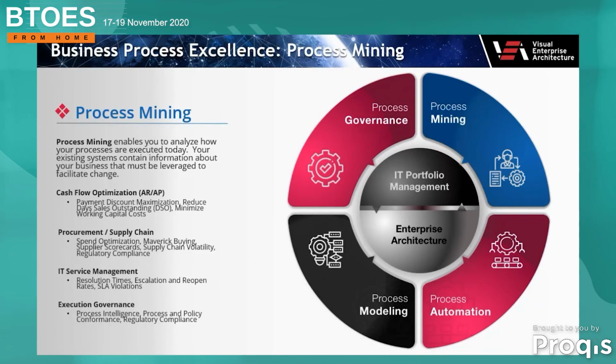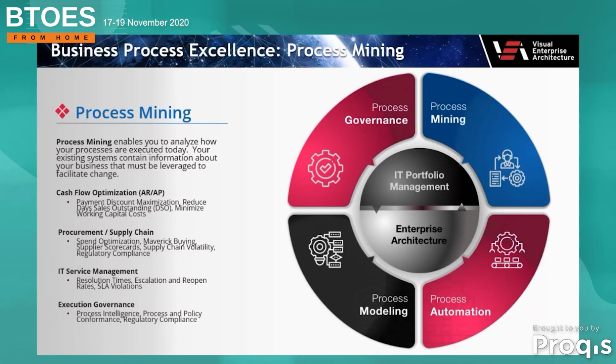Real process intelligence means that you're able to manage process and policy conformance and serve regulatory compliance requirements. Process mining addresses each of these challenges by looking at the actual data. Performing the analysis of thousands, tens of thousands, hundreds of thousands, or even millions of processes really gives you visibility into the true nature of how they're performed.